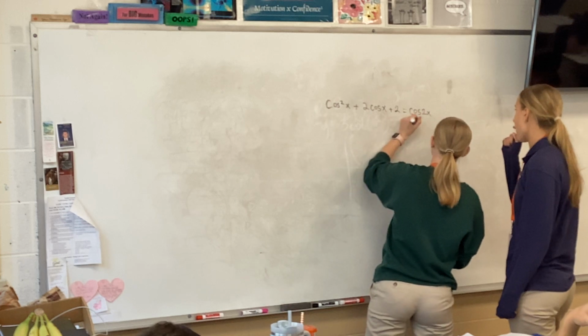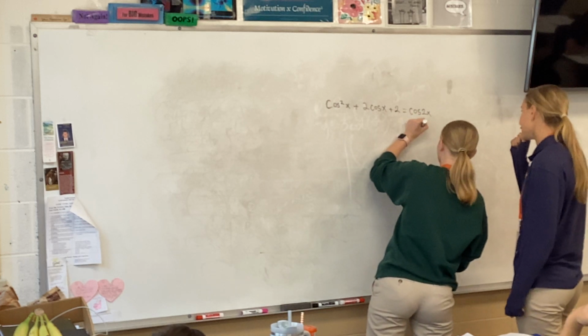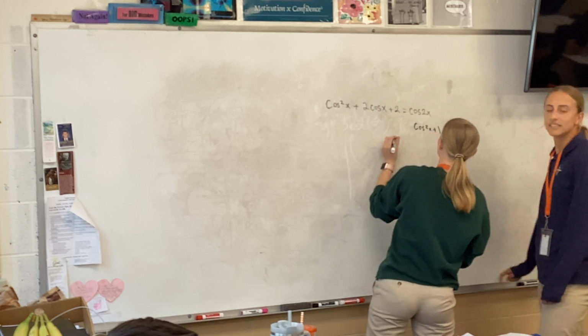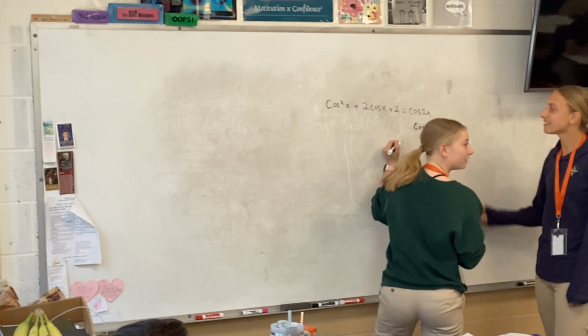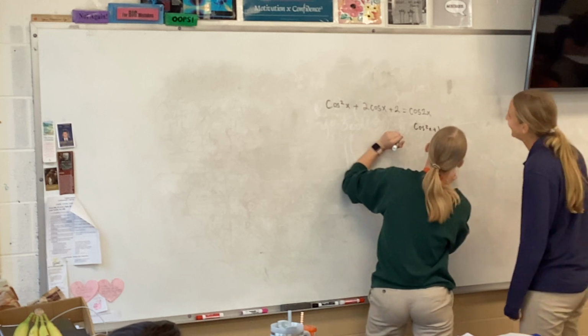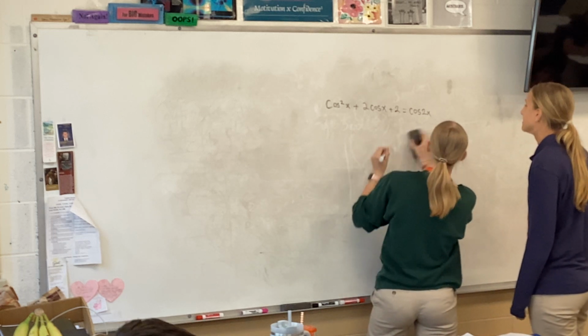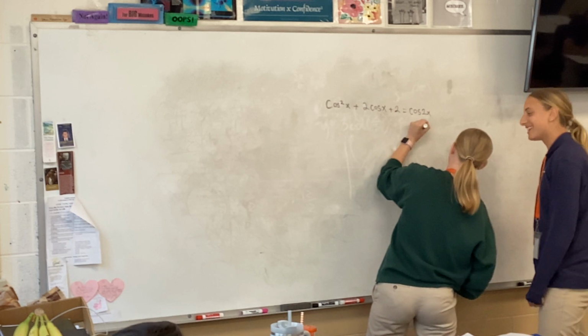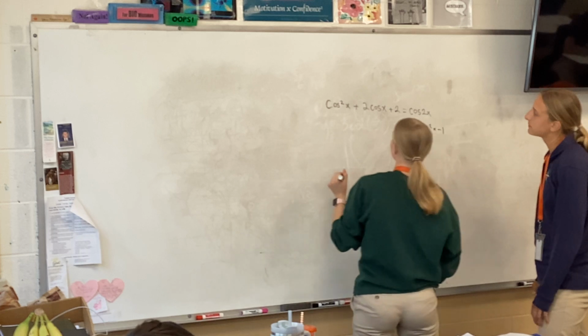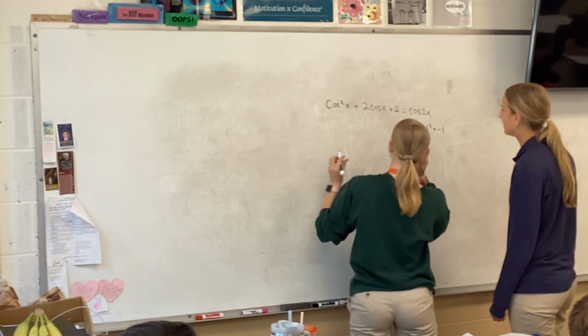Is that the right identity to use? Cosine 2x. No, help them out. What's cosine 2x? 2 cosine squared minus 1. Okay. Yes, I'll change that too.